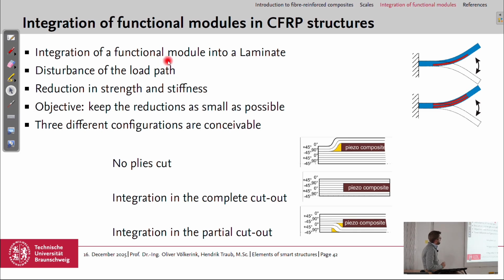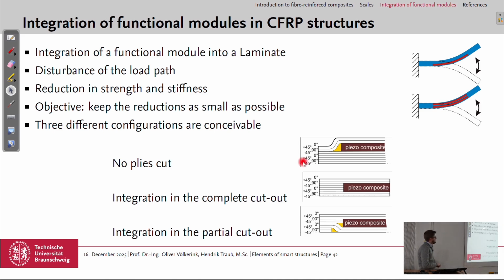We can integrate functional modules into a laminate, but this would disturb the load path and reduce stiffness and strength, because at least they are less stiff than our carbon fibers. And the objective is that we keep this reduction in stiffness and strength as small as possible. So we are looking for these kinds of integration levels.